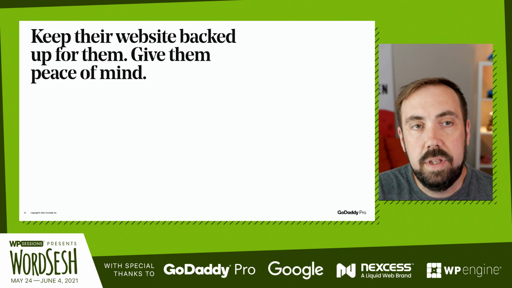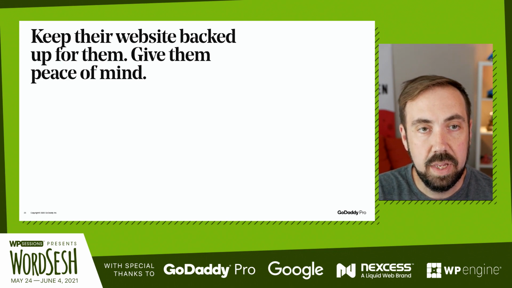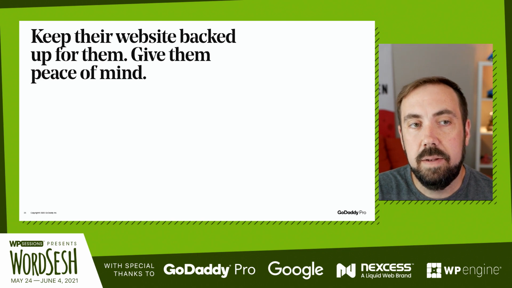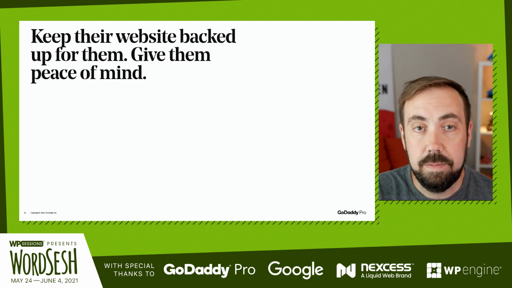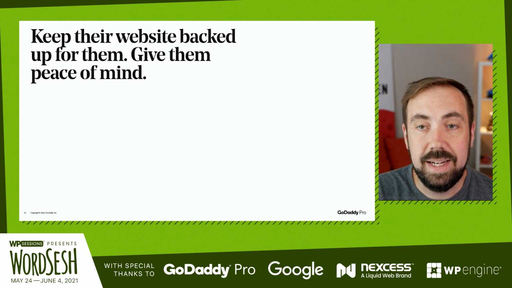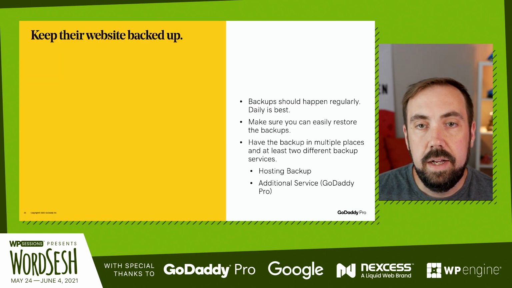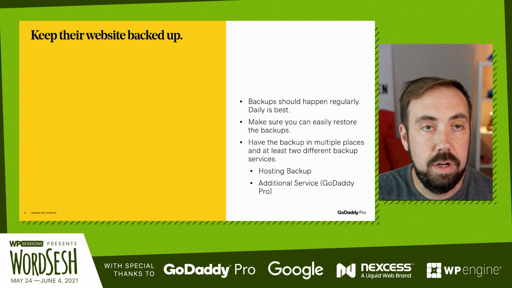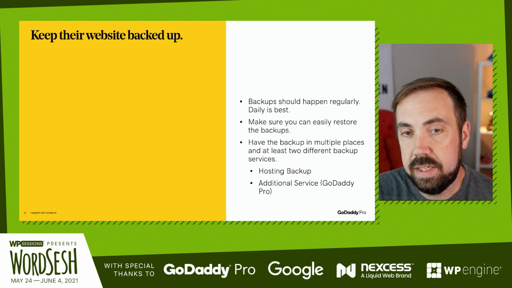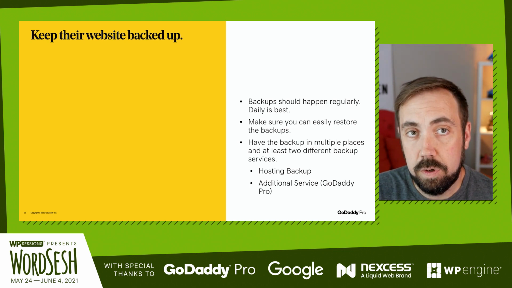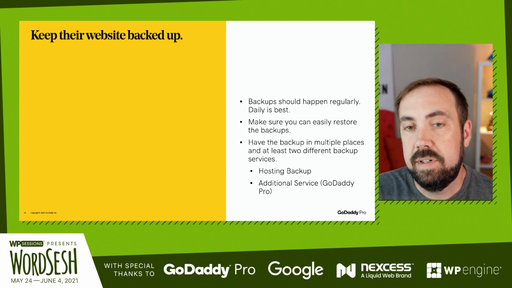All right, so the next thing we can do is keep the websites backed up for them. The biggest thing is clients like to just know that their backups are happening and that their site is safe and still up and running. So backups should happen on a regular basis. Daily is best. Make sure you can easily restore those backups. I like to have the backups in multiple places. For example, all of the managed WordPress hosts will take a backup daily for you, so we always have the hosting backup.